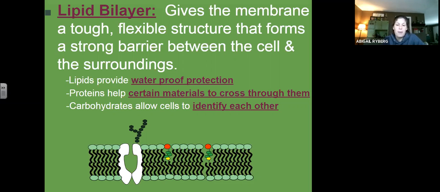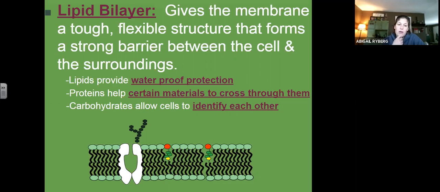Within this lipid bilayer are three types of molecules kind of plopped throughout, and you'll see lots of different diagrams, even just in this lecture today, of what the lipid bilayer looks like. So plopped within this cell membrane are the lipids, and the lipids provide the waterproof protection. There are proteins, and the proteins help materials cross through the membrane.